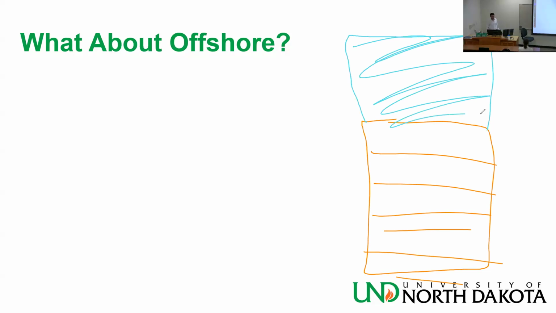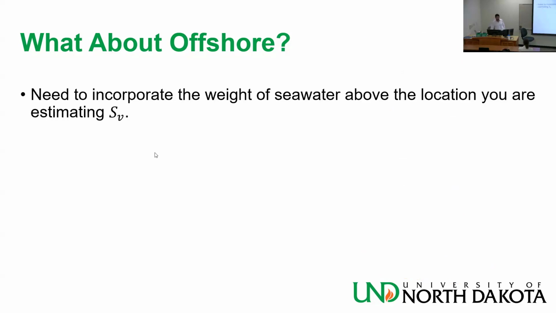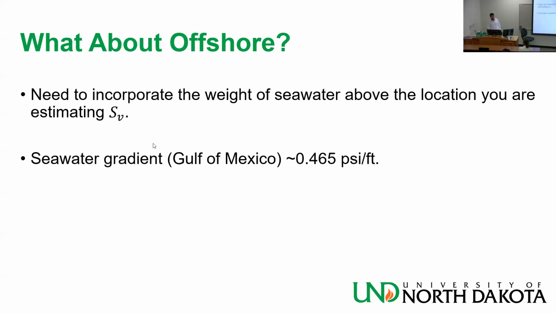The seawater has a weight, and this weight needs to be accounted for. So we need to take the turquoise color weight and add it to everything that we get for the Earth to get the SV. The weight of the seawater needs to be incorporated.